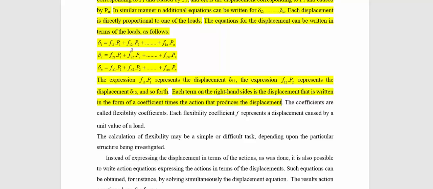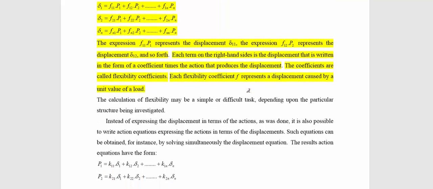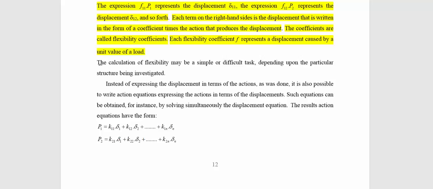What is the coefficient? F11, F12, F1n. The coefficients are called flexibility coefficients. Each flexibility coefficient F represents a displacement caused by a unit value of a load. The calculation of flexibility may be a simple or difficult task depending upon the particular structure being investigated.